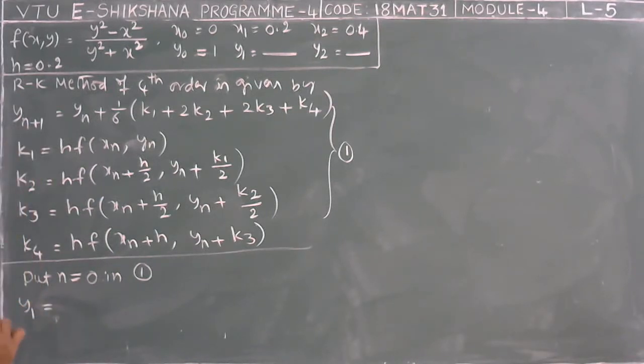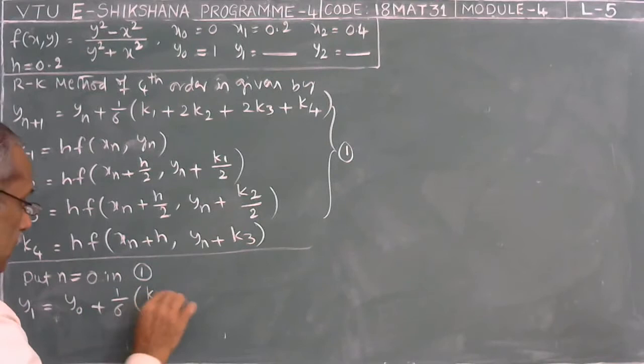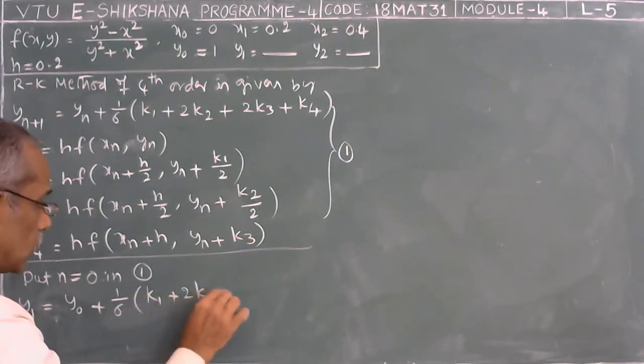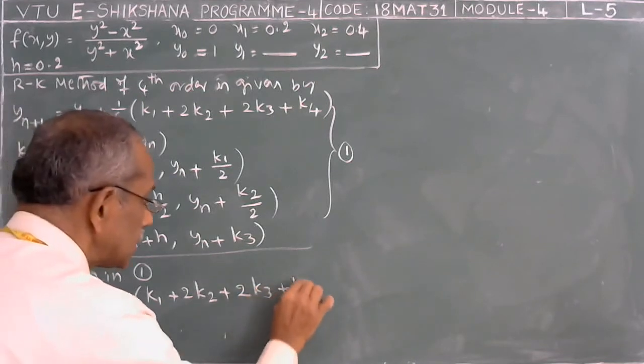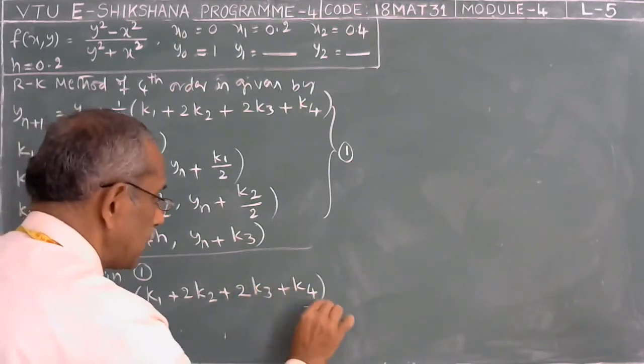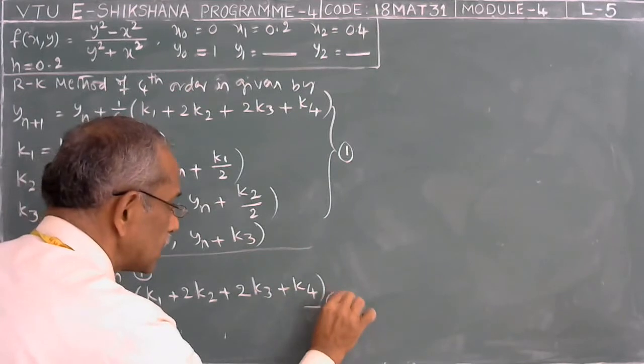Then y1 is equal to y0 plus 1 divided by 6 into k1 plus 2 k2 plus 2 k3 plus k4. Let me call this equation number 2.